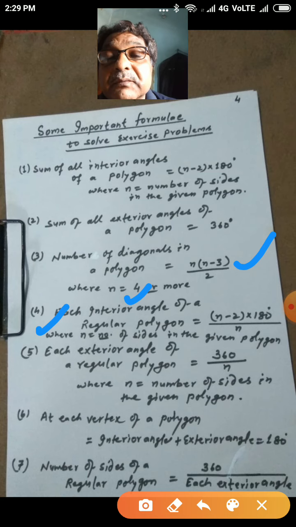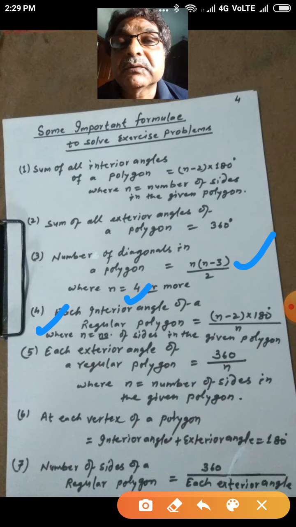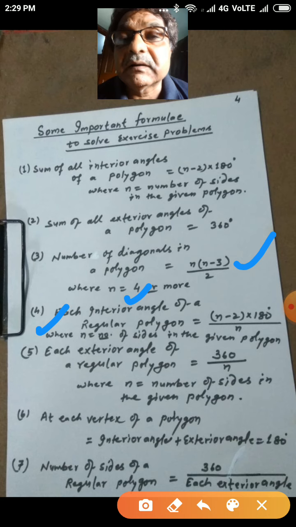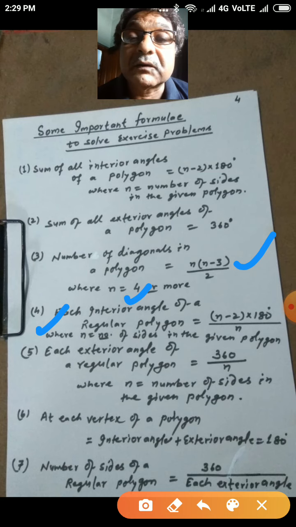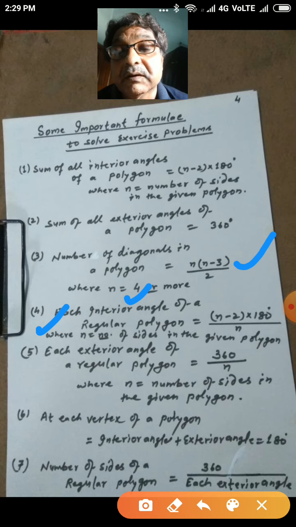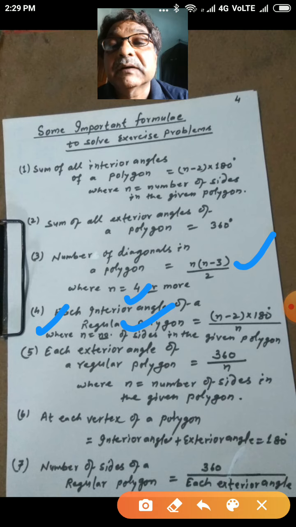The next formula is for each interior angle of a regular polygon. You know, students, in a regular polygon all sides are equal. Naturally, on that basis all its interior angles are equal, and you can also predict that if interior angles are equal, then all its exterior angles will also be equal. This formula is for regular polygons, whereas the above formulae were for any polygon.